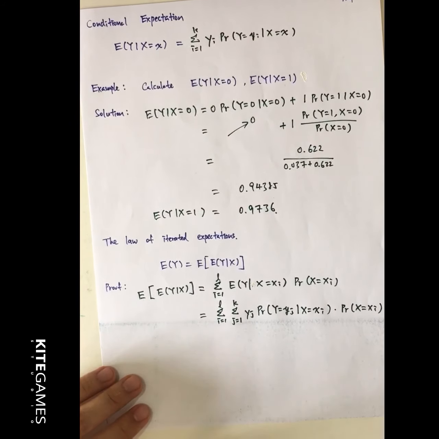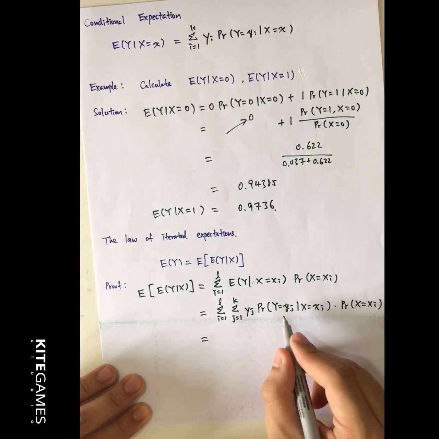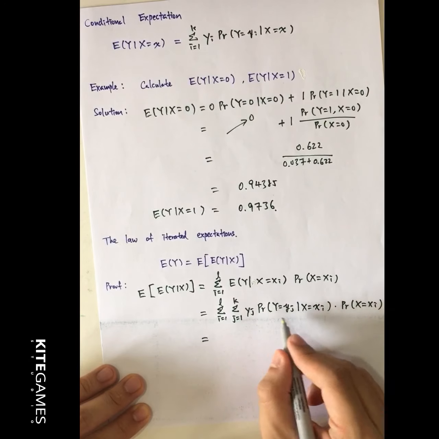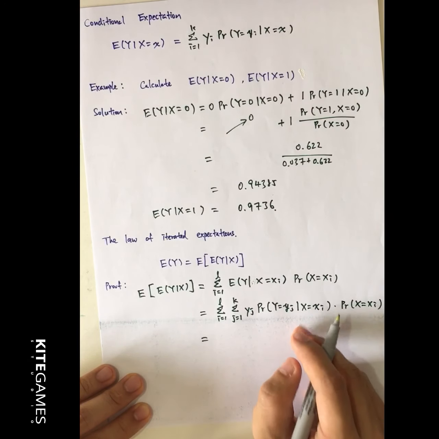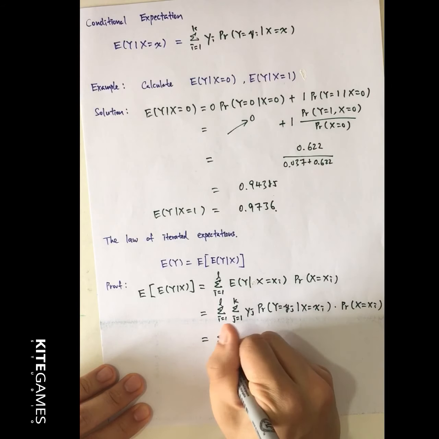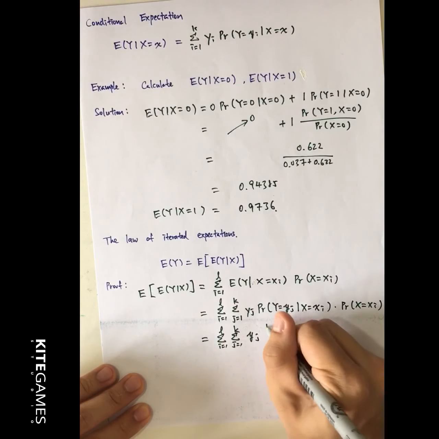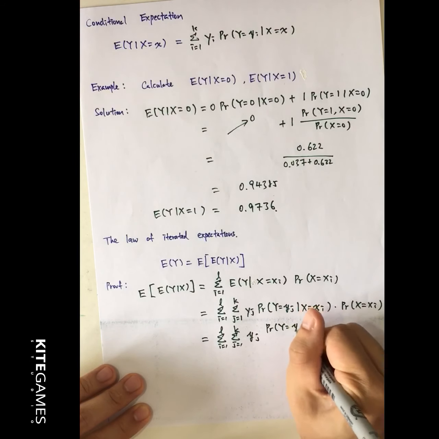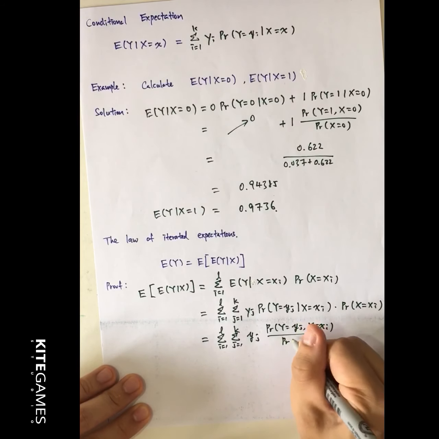Okay, so what should we do next? How to calculate the conditional probability? We have the law that the conditional probability is equal to the joint probability divided by the marginal one. So we just keep rewriting it: yj times the joint probability divided by the marginal probability.